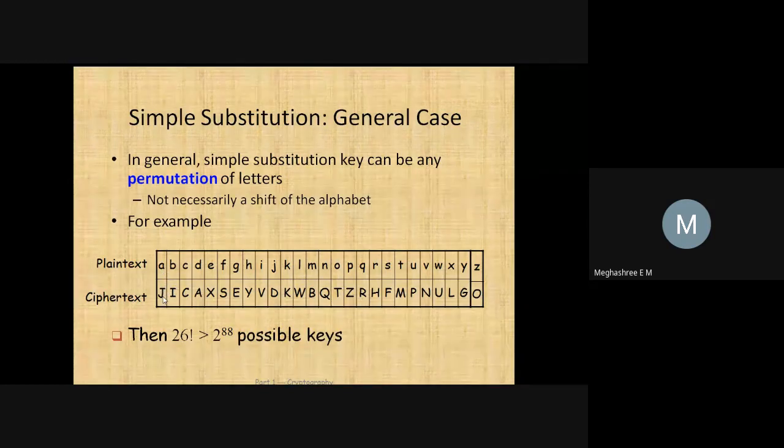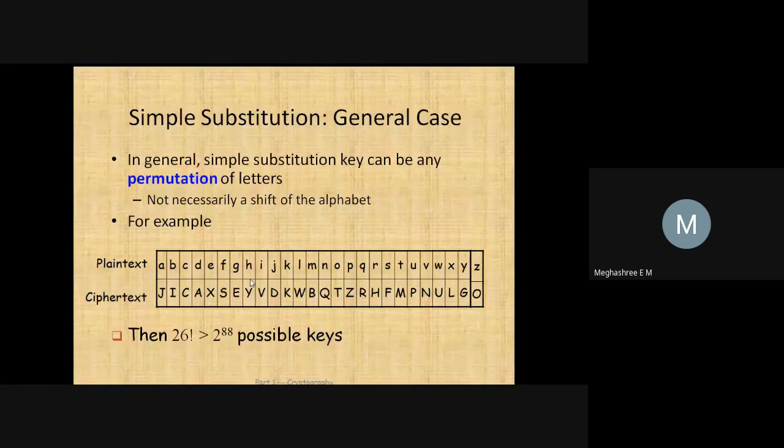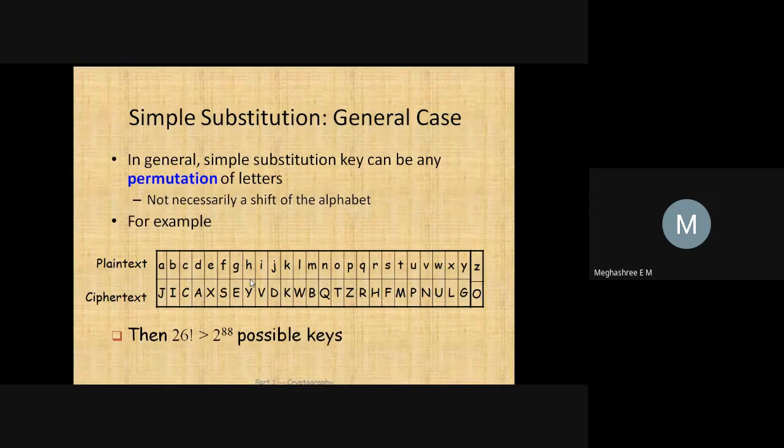For A it is J, for B it is I, for C it is again C, right? So if this is the case, what happens? Is it possible for the attacker or anyone to try all possible keys in a reasonable amount of time? No, right?